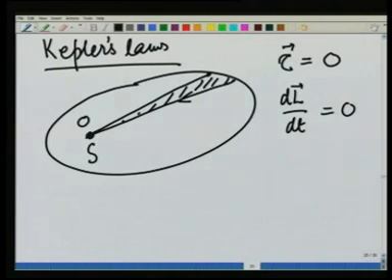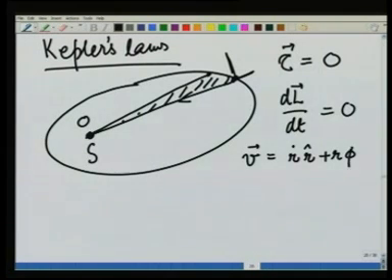Now, you see, in this case the velocity at any given point, recall your planar polar coordinates, could be in r dot direction and perpendicular to this. So, velocity in general is r dot r plus r phi dot in phi direction, and therefore angular momentum is r cross v.